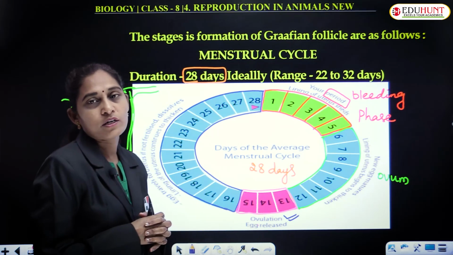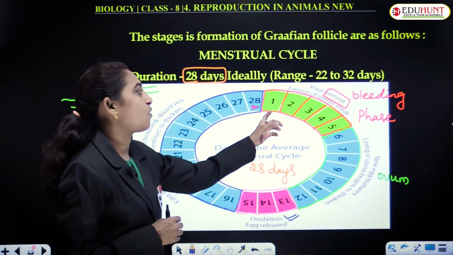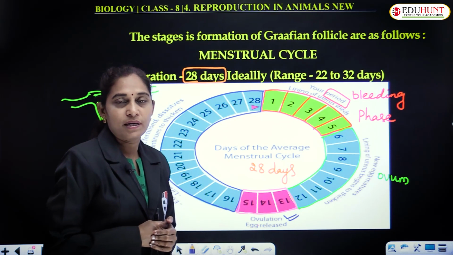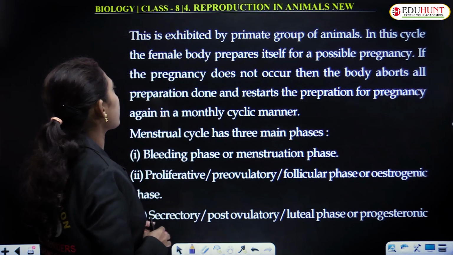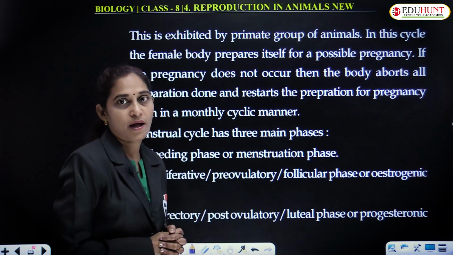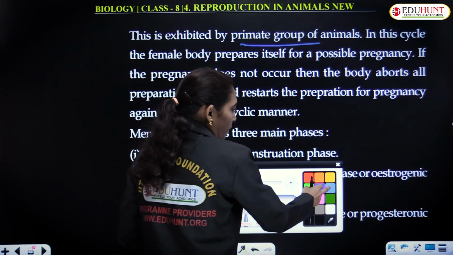That is called bleeding or periods. This is about the menstrual cycle. It is exhibited by the primate group of animals. What are primates? Mammals only.